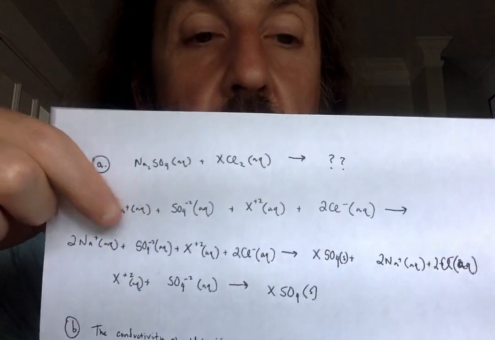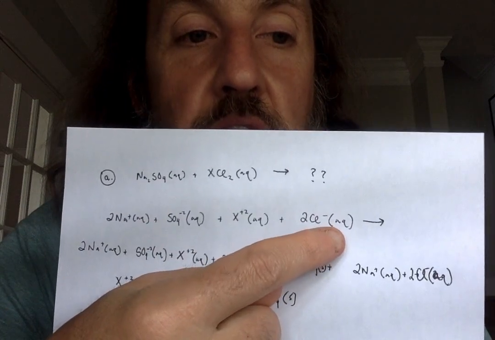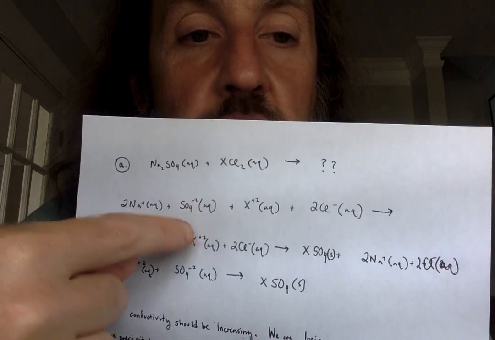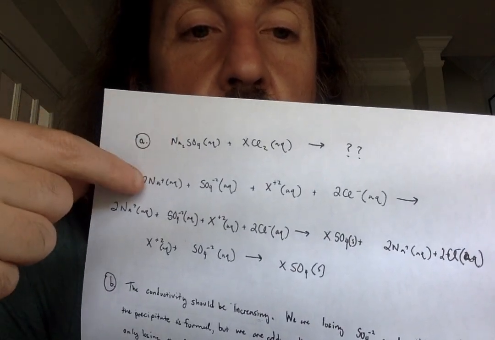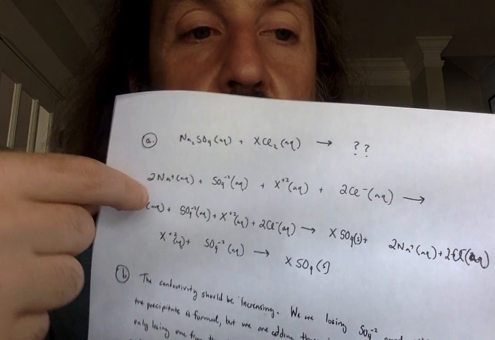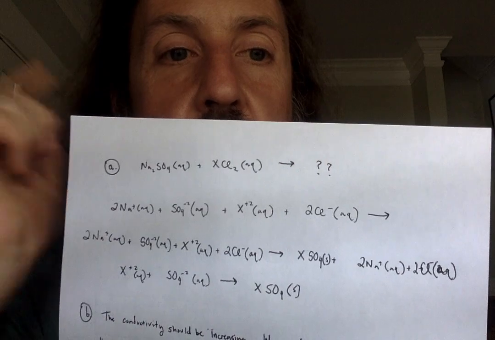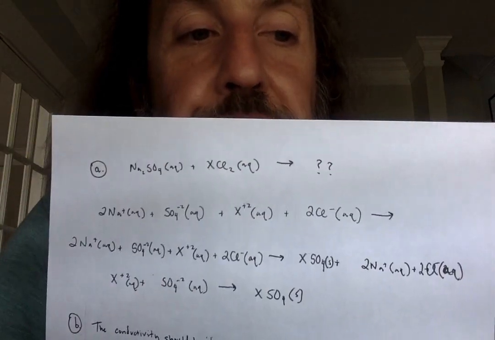And here you see all the ions that are reactants, I split them up. Notice you put the 2 as a coefficient in front of the sodium and the chloride because you need 2 of them to get the formula right.